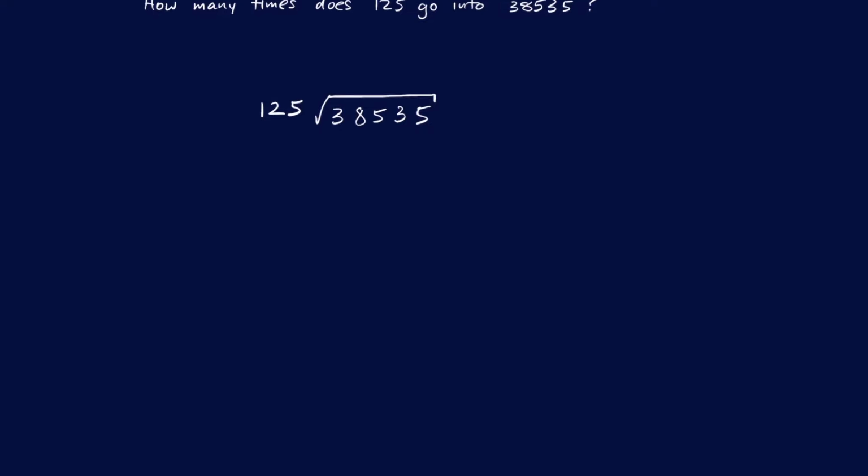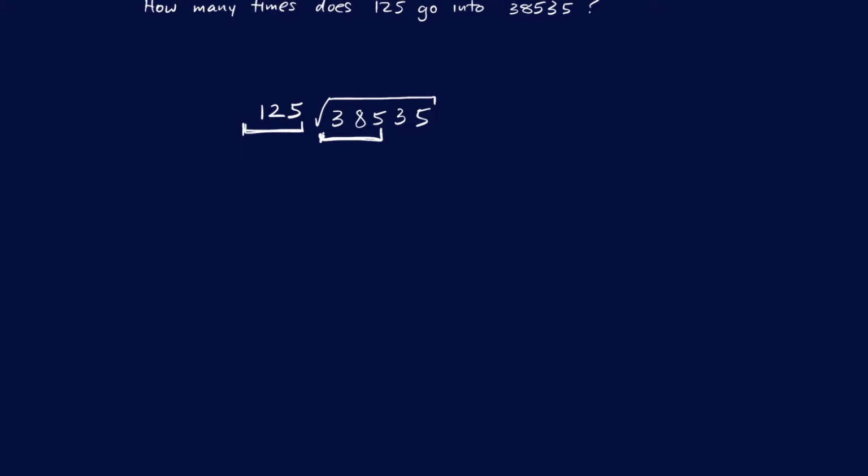So in this case, 125 goes into 385 3 times. And what we can do to speed things up in this question is write down the first few multiples of 125. So we have 125, 250, 375, 500, and then 625.